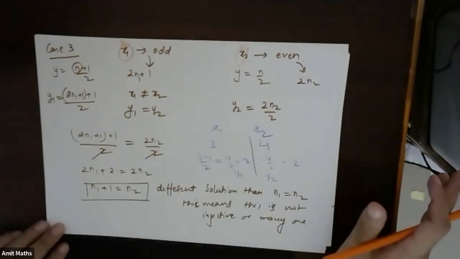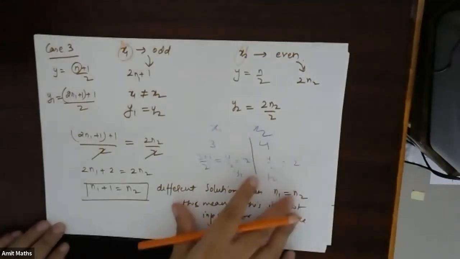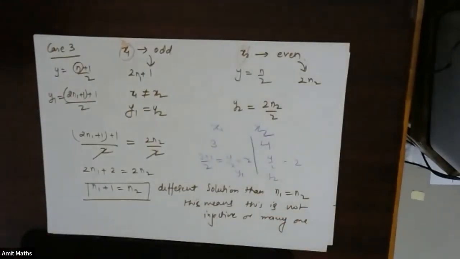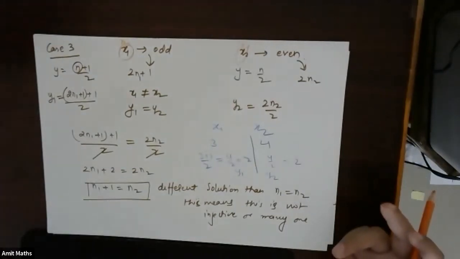Understood what I'm trying to say? But if you have proved it using the general case, then you can say that in general it is injective, or in general if it is not injective, then it is not injective.